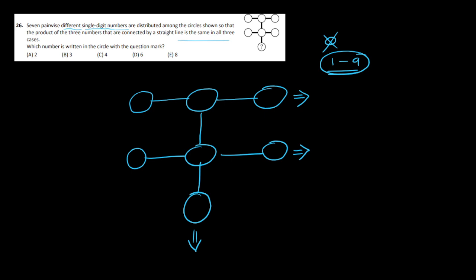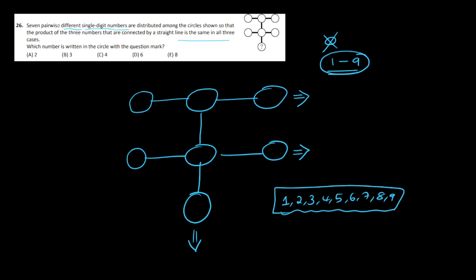As soon as you see a problem like this, think about a number which can have the maximum number of factors in single digits. So let's try to pick a number which has factors of 1, 2, 3, 4, 5, 6, 7, 8, 9, if possible. The number should be divisible by the maximum number of these 1 to 9 numbers.